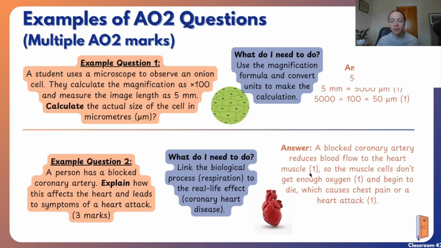That's 1 mark. So the muscle cells don't get enough oxygen. So that's explaining the impact of that reduced blood flow for another mark, and begin to die, which causes chest pain or a heart attack. So that's the symptoms that we are linking that effect on the heart to. So that is a good 3-mark answer for this question.